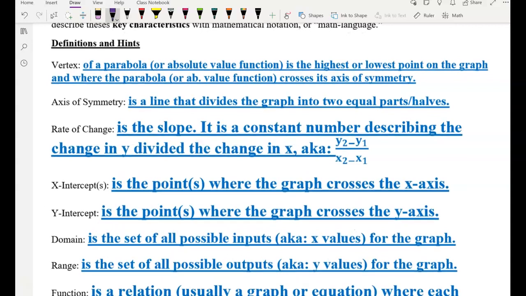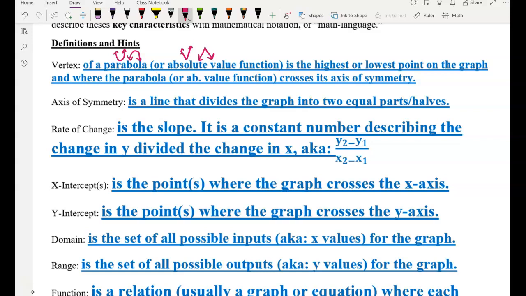Definition number 1, vertex. Usually we use it on a parabola or an absolute value function. So a parabola either opens upward or downward. Now, an absolute value function, which you will study later, is going to be a V that opens upward or a V that can open downward like a parabola, but it's not a U shape, it is a V shape.